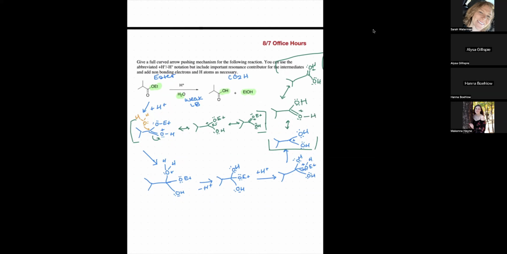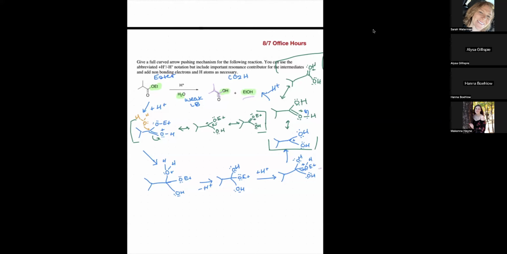When we deprotonate, minus H plus, all we're doing is pulling these electrons up here, and that's how we end up with our structure. And then our OEtH came off over here.